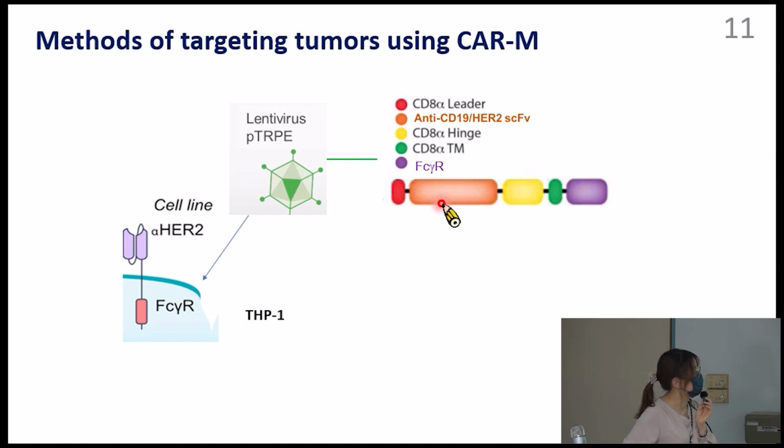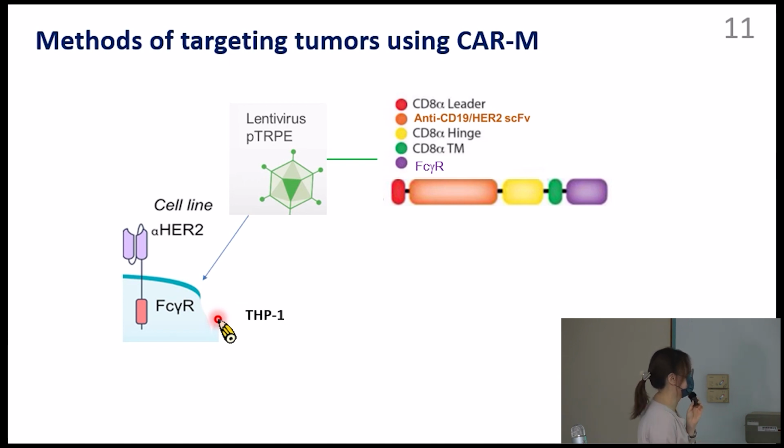First they want to try some antigen that can be expressed on the tumor surface, like CD19 or HER2, and they modified the intracellular domain to become Fc gamma receptor, because this kind of domain can activate macrophage. They packaged this plasmid into lentivirus and then infected THP1, because as a first step, they want to establish the system.